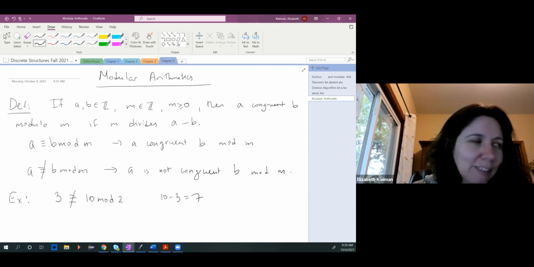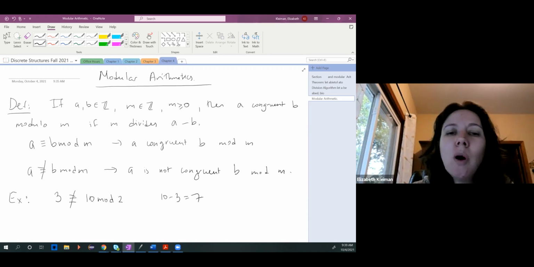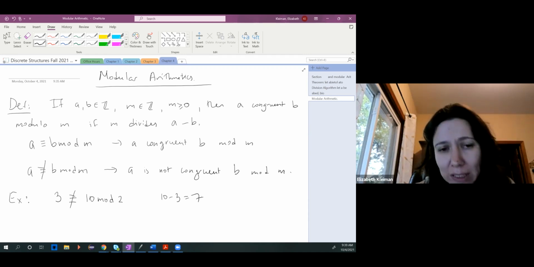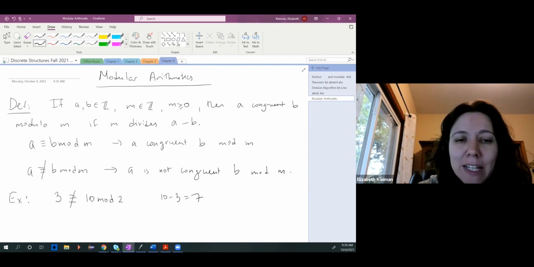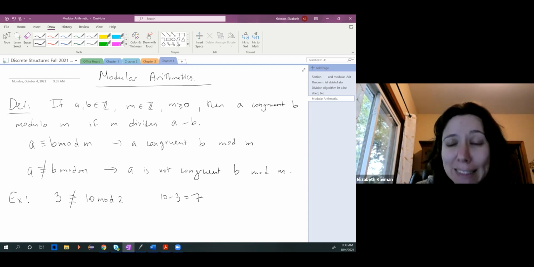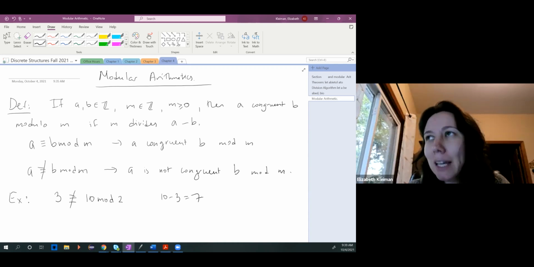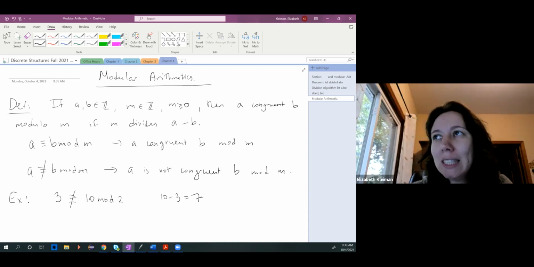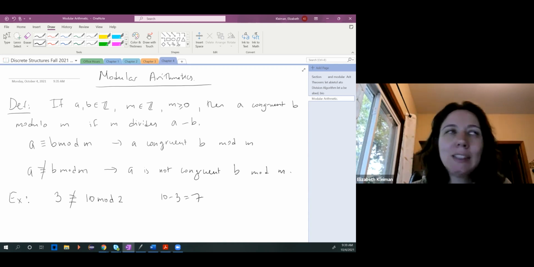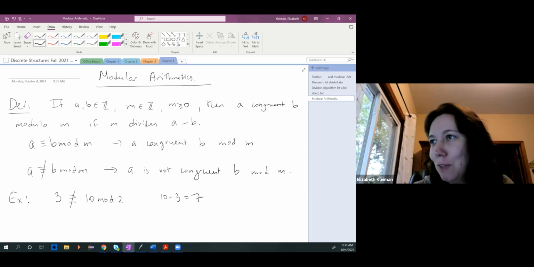So here is the deal. We do not write mod 2 on both sides. The 3 is still mod 2, but we do not write it. In order to be congruent, they need to have the same remainder mod that number, but we do not put it on both sides. It's a notation thing.